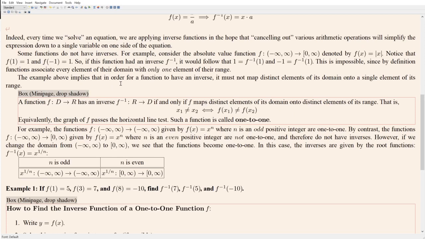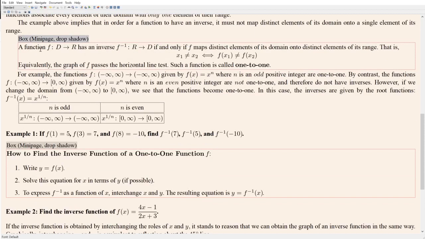The reason the absolute value does not have an inverse is because it takes 1 and negative 1, and maps both of them onto the same number. The functions which do have inverses don't have this behavior. In other words, they take distinct elements of the domain and map them onto distinct elements of the range.